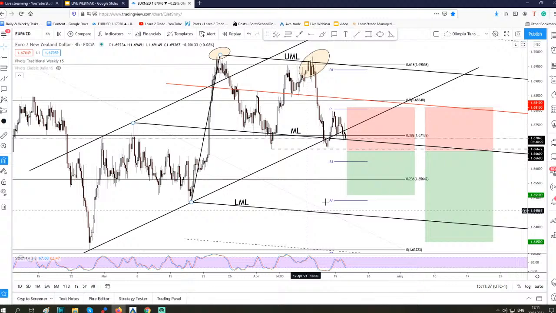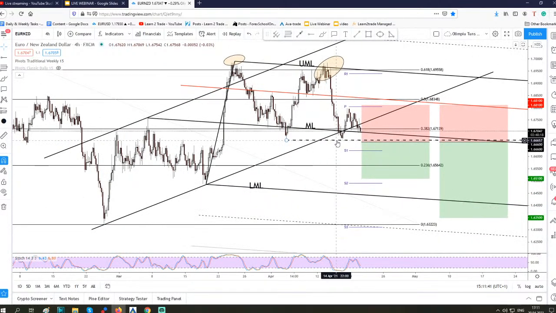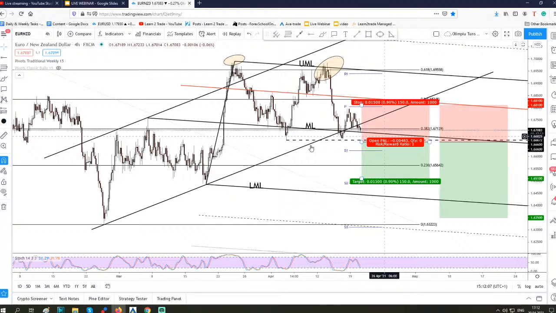Let's wait and see if the price will reach our sell stop pending order, and I will come back with instructions on the VIP Telegram group, guys. And we will talk about this one in the next live webinar.